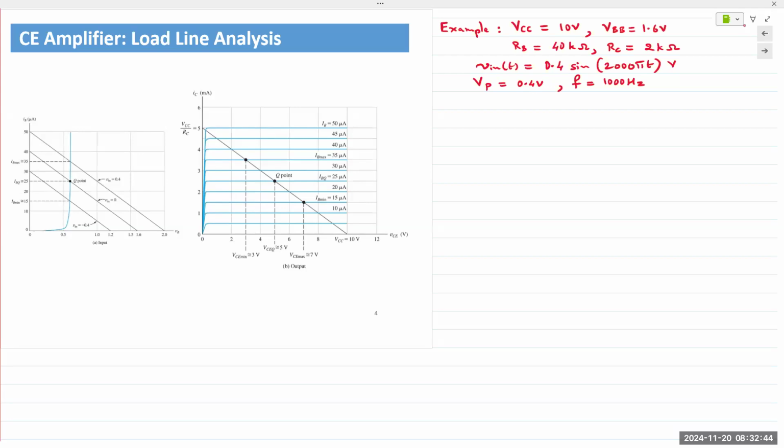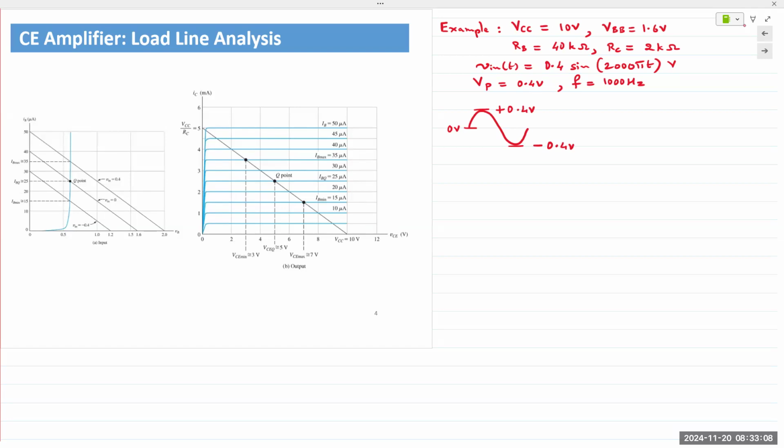So if one peak is 0.4 volts, then the swing of the signal should go to plus 0.4 volts and minus 0.4 volts. So the input is changing between plus 0.4 and minus 0.4.